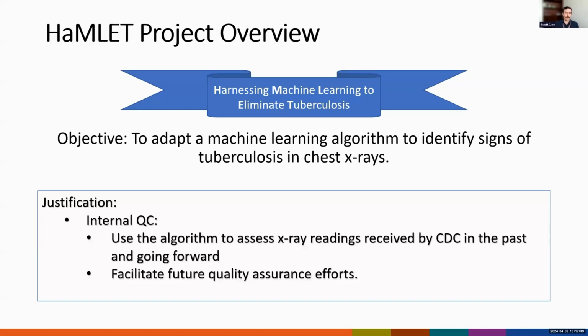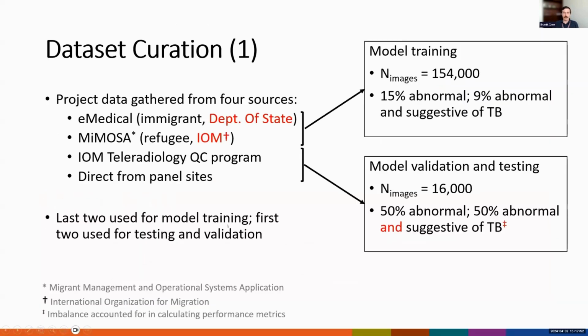And so our goal really was to develop an algorithm that could replicate what the clinicians were doing in the field, but use it internally to effectively give us a really rough look at what their work might be like.